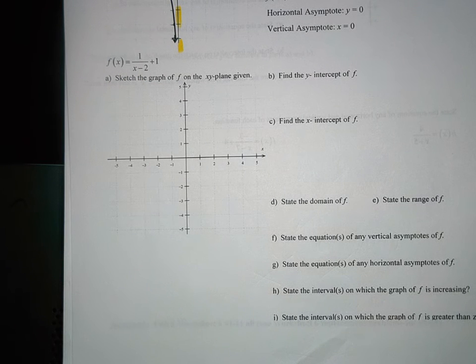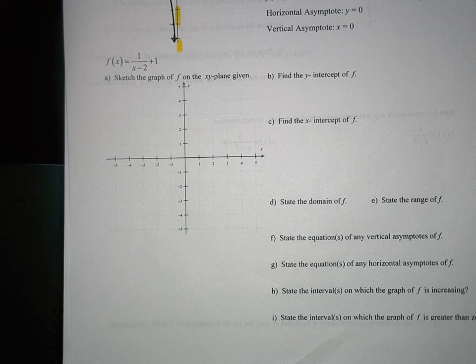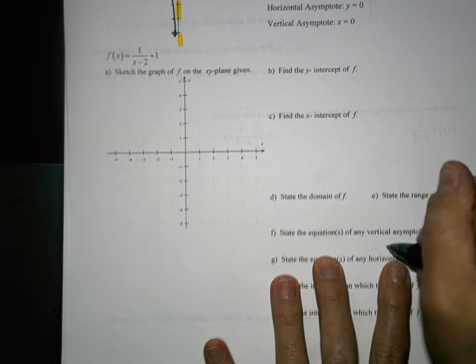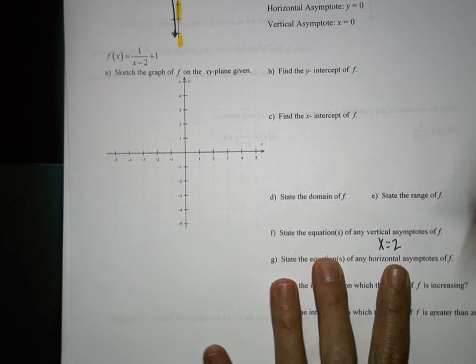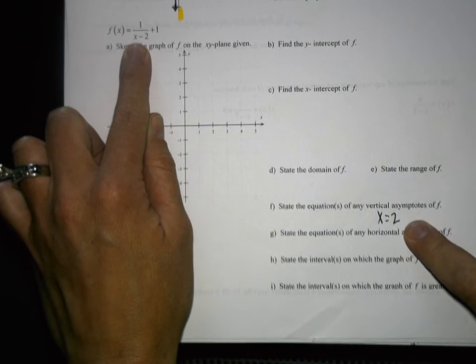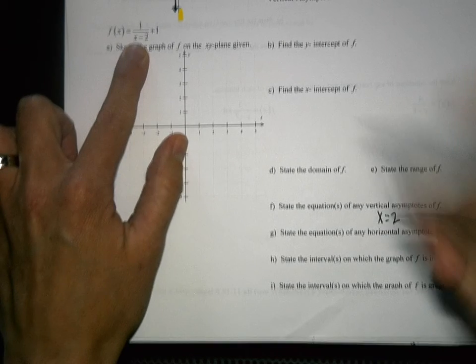We have our vertical and we have our horizontal, right? My vertical asymptote is with the x because it's going through the x-axis, which is making a line. And so if you go down here, the vertical asymptote on this one will be x equals 2, because we would set this equal to 0 and we would get 2 for the value. Okay, so x equals 2.